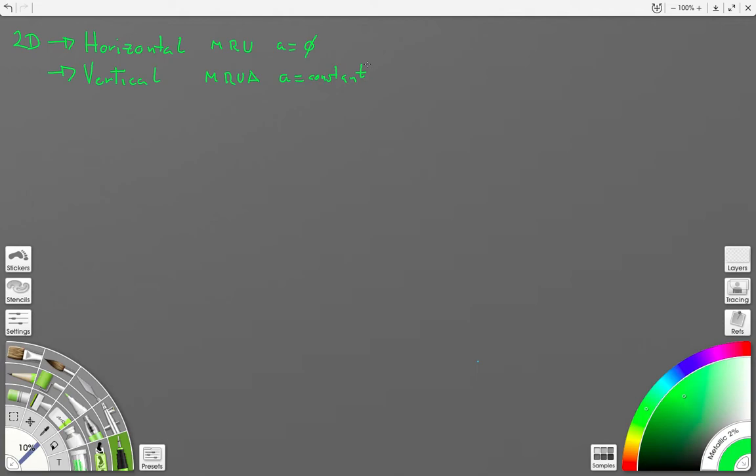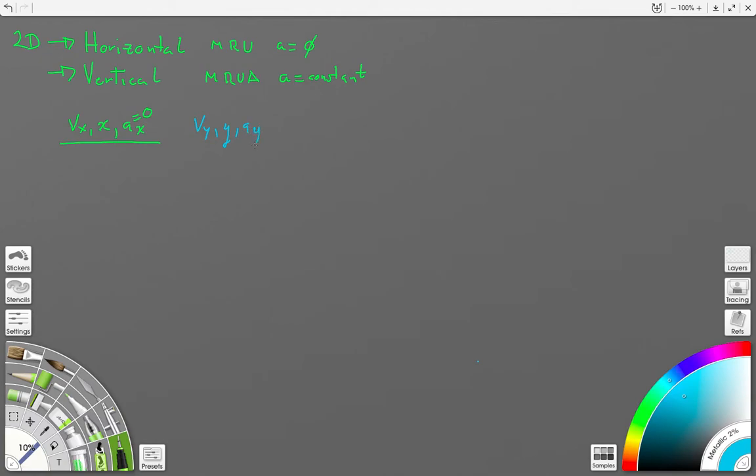One thing you need to really understand about this type of motion is that my horizontal components, so displacement in the horizontal direction, velocity, and acceleration, which in this case is equal to zero, will not affect the vertical components.